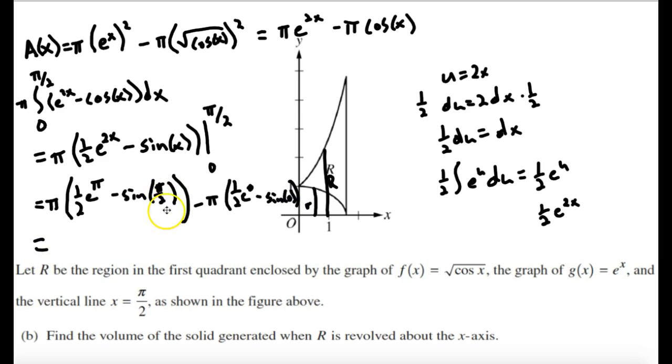Now, we do actually have to evaluate these trig functions, but I can leave everything else as is. I can leave that pi, say this is 1/2 e to the pi.